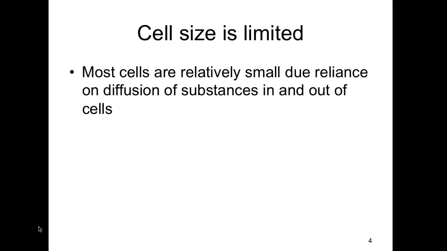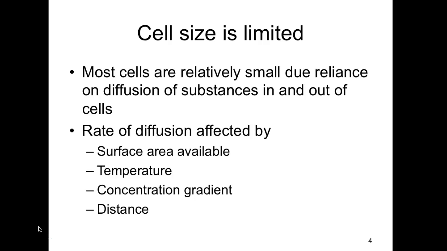Cells themselves are limited in size. Most cells are relatively small due to the reliance on diffusion of substances in and out of the cell. Remember, diffusion is a type of transport across the cell membrane. When we talk about the cell itself, the cell membrane would represent the surface area of the cell, and then the amount of space that the cell would take up would represent its volume.